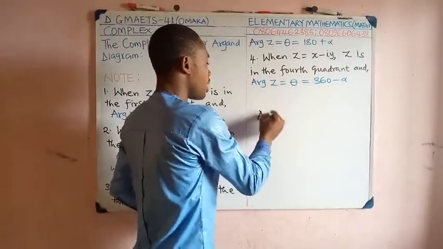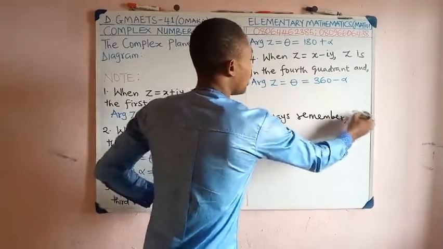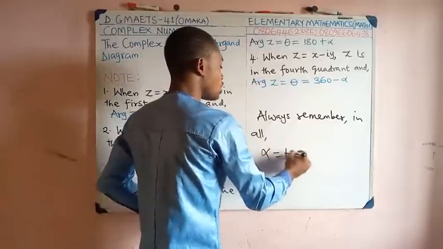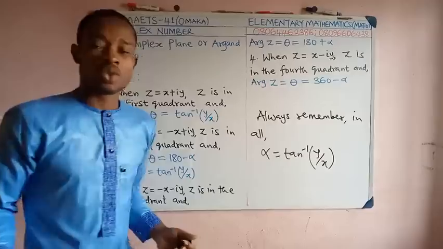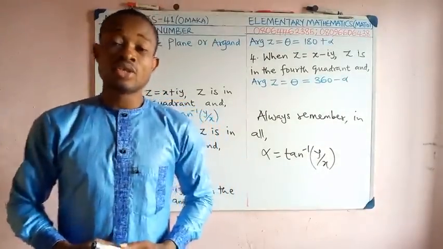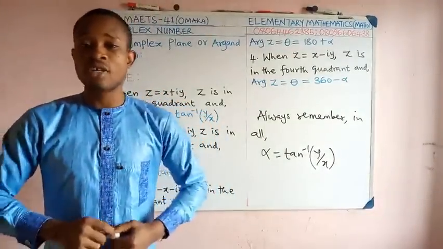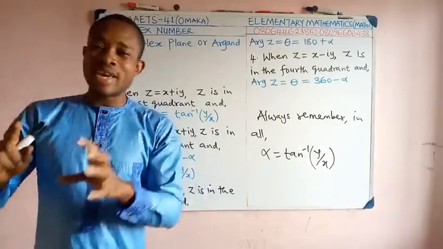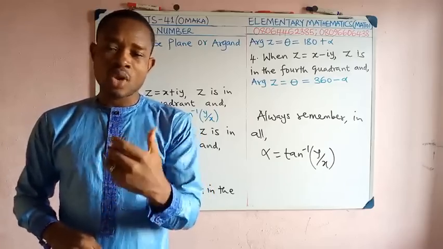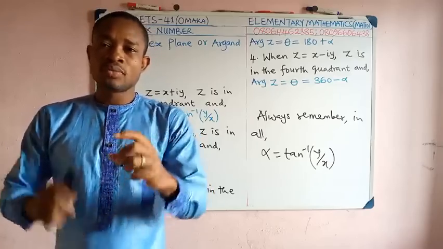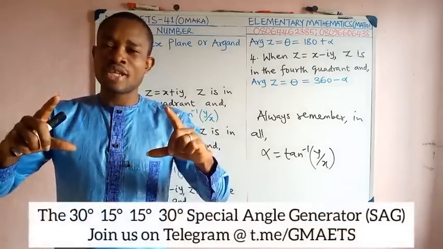Please always remember, in all cases, alpha is equal to tan inverse of y over x. Then depending on the quadrant in which z is located, you can either add or subtract alpha from the angle 180 or 360.